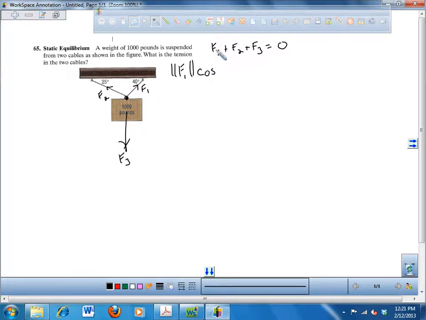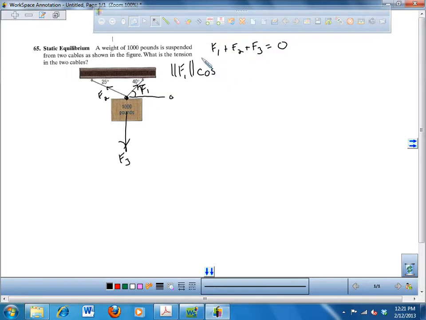I'm breaking this vector into its components. Since it's 180, this is like 0 over here. So that angle right there, from here to force 1, those are called alternate interiors. Remember that in geometry? So this angle right here would also have to be 40.